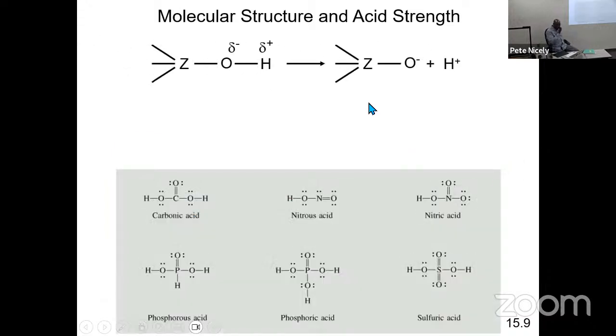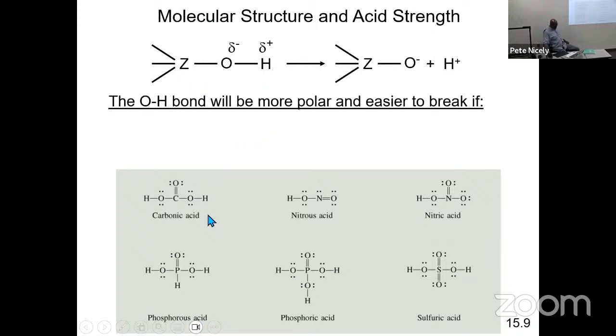Now, another aspect of the relationship between the structure of the acid and its strength is when it comes to oxyacids. Oxyacids, as you may recall, are acids which contain oxygen. And one of the oxygens, if there's more than one, must be bonded to the hydrogen, which will leave in the dissociation. So this is just a generalized structure of an oxyacid. It will dissociate to form these species here. So basically what we have to look at are the different structural features here that would affect the strength of this bond, right?